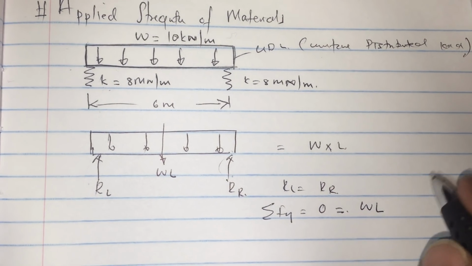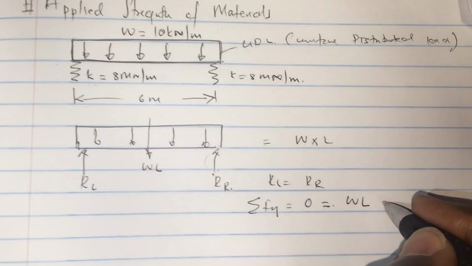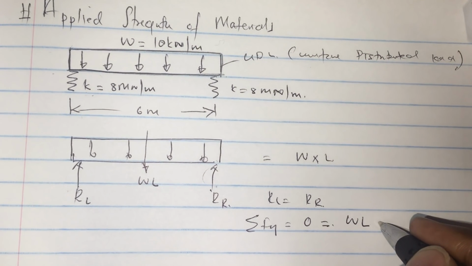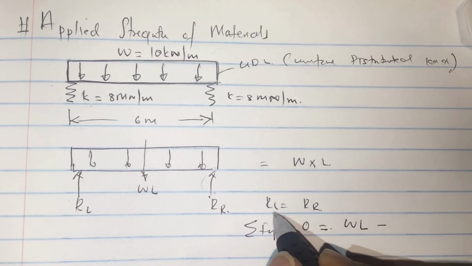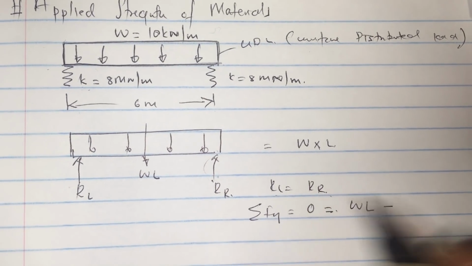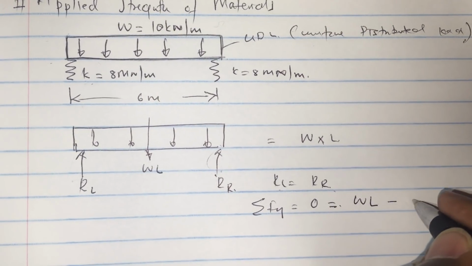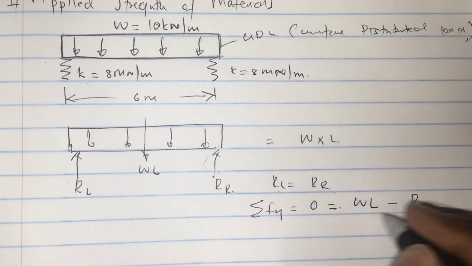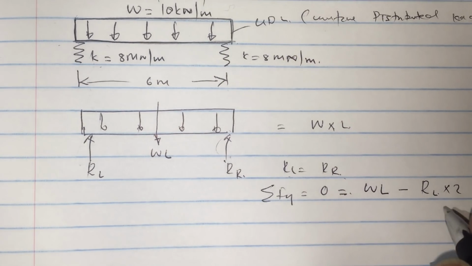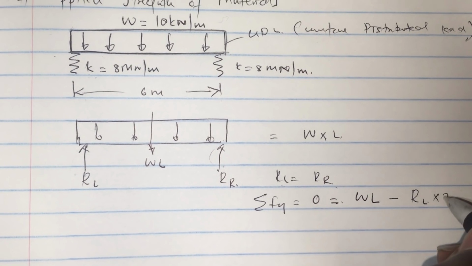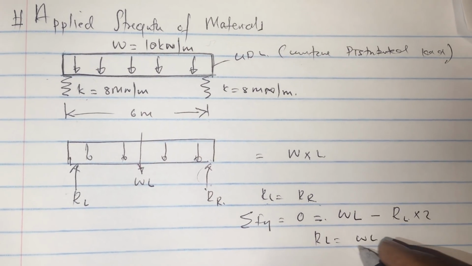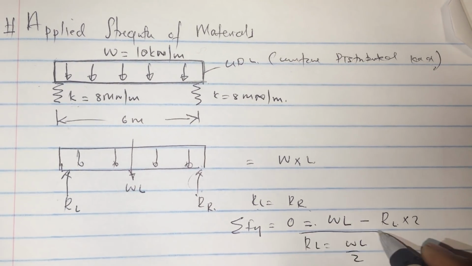So WL minus, since RL and RR are the same, we can take any of the two, let me just take RL, times 2, since they are two, going upwards. So in this case we can determine RL. RL is equal to WL over 2.